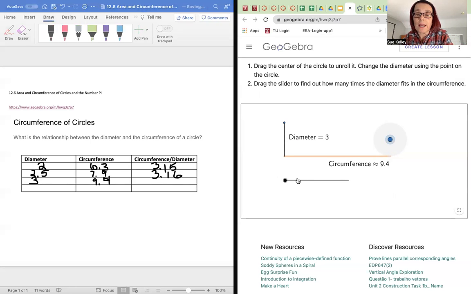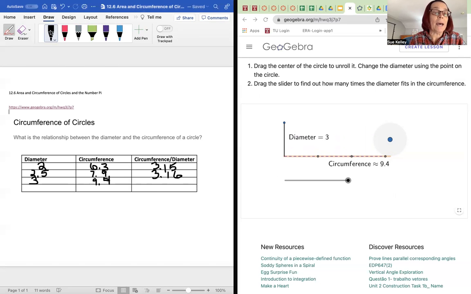Again, if I drag out my diameters, I see I get 3 and a little bit again. 9.4 divided by 3, and I get 3.1 and a bunch of 3s repeating. So about 3.13. Again, very close to 3 with a little bit extra.